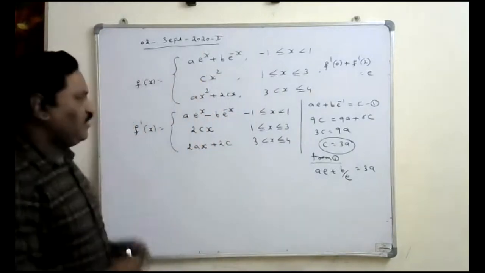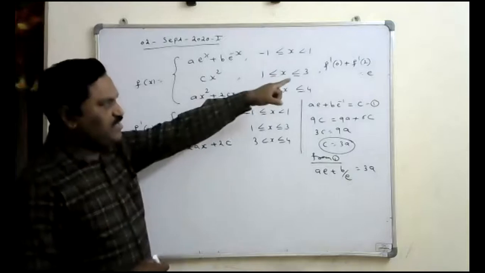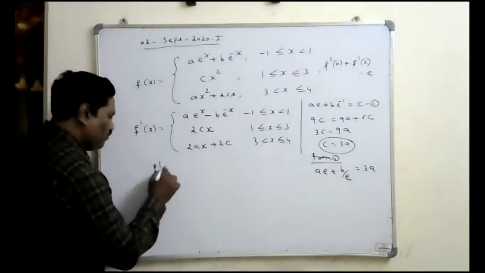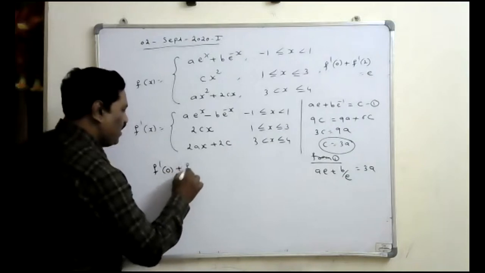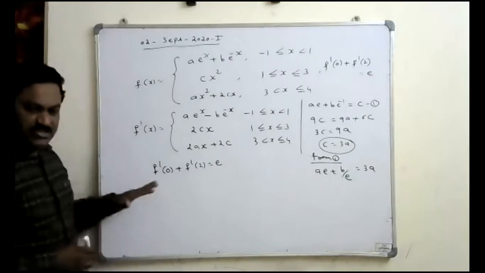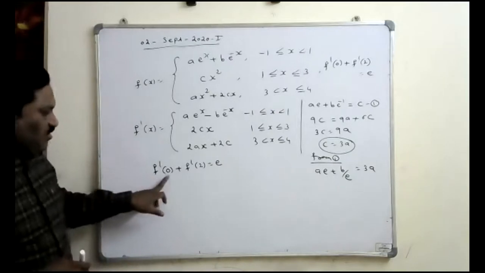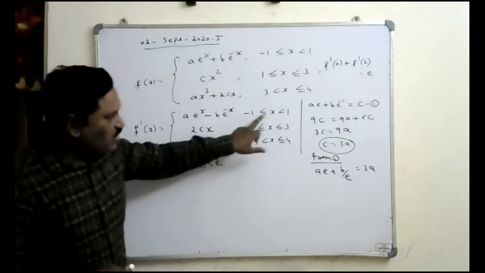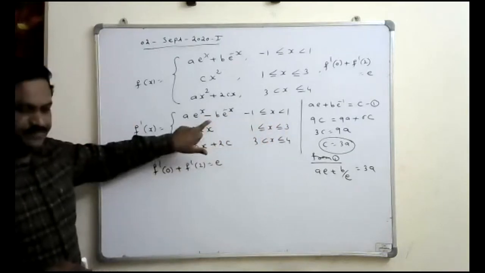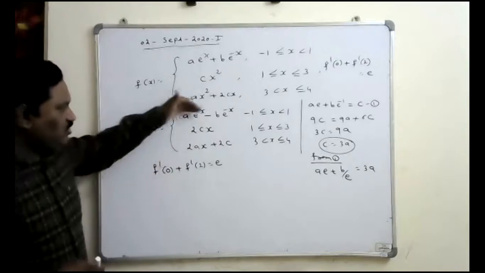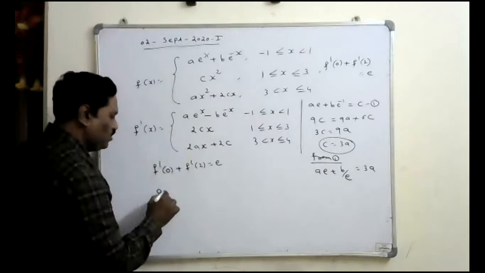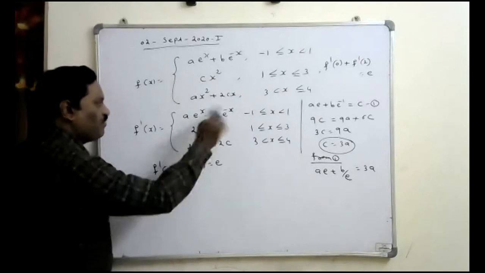Now they have given that f'(0) + f'(2) is given as e. So for f'(0), which function do you have to take? 0 lies between -1 and 1, this is the interval where 0 lies. So take this function. Substitute x equal to 0 in this, then we get a e^0 minus b e^(-0).